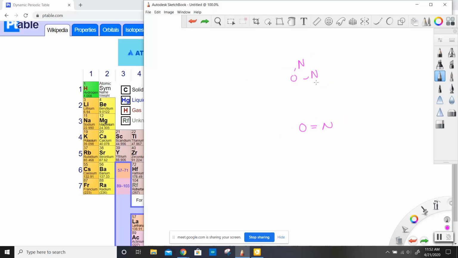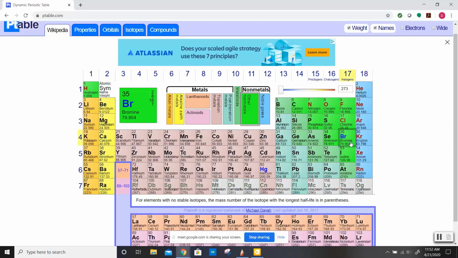In any case, okay, so that's covalent, like co-parenting, covalent, right? Correct.